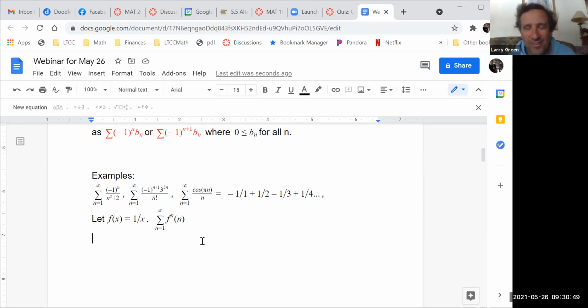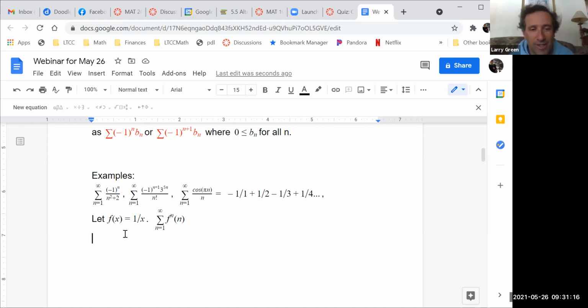Okay, so if we look at this, the first derivative is negative 1 over x squared. The second derivative is positive 2 over x cubed. The third derivative is negative 6 over x to the fourth.